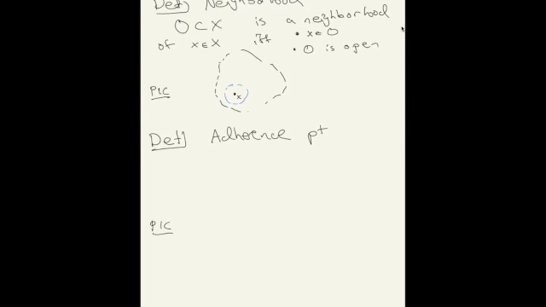So, an adherence point for a set E is a point x in X, where E is a subset of some metric space X, depending on the context, such that no matter the ball radius you take, for every radius r positive, the ball of radius r intersects E in a non-empty way.